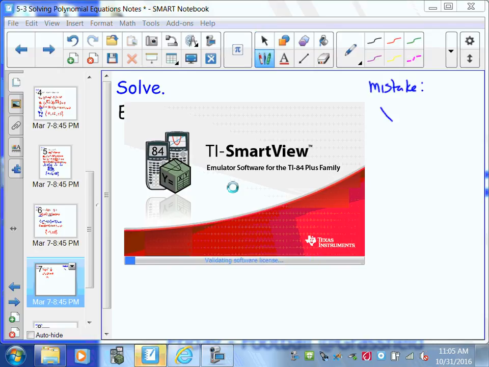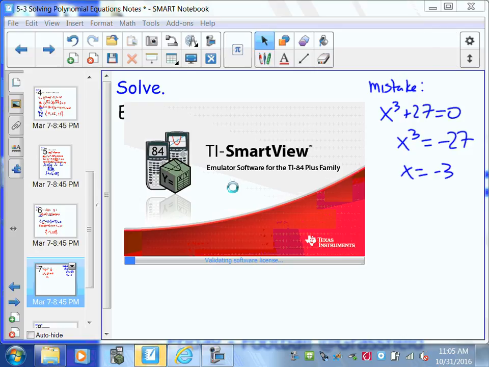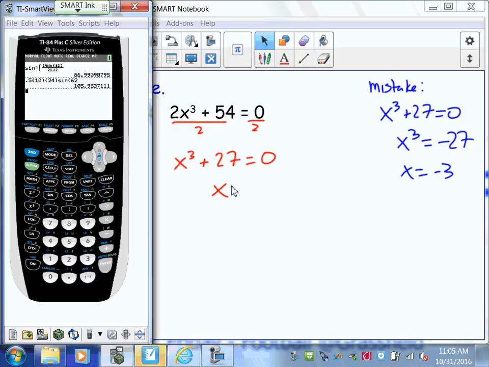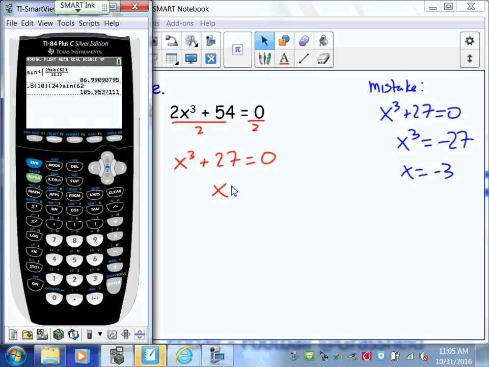It would be x cubed plus 27 equals 0. So x cubed is equal to negative 27. So x is negative 3, if you take the cube root. You can take the cube root of a negative, right? You see what I did? I just subtracted the 27 to the other side.